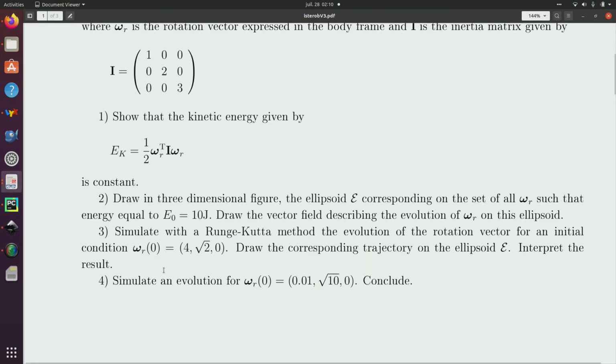Now, for the last question, I have to simulate the evolution for another initial vector, and again, I have to check, as for this one, that it is in the ellipsoid. See, if I take this one, and if I apply this formula, then I get 10.